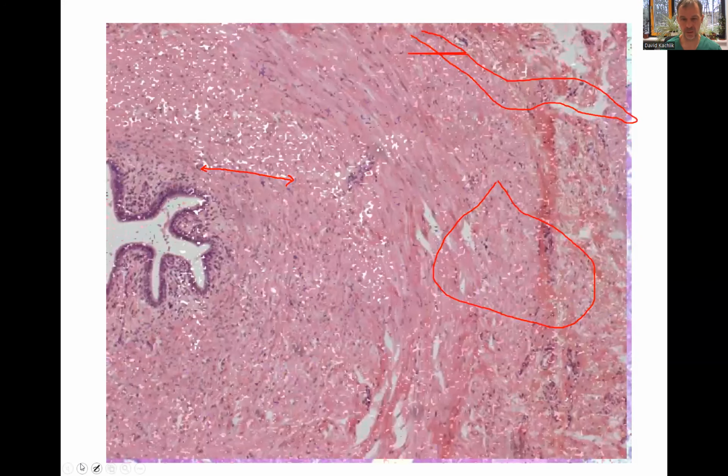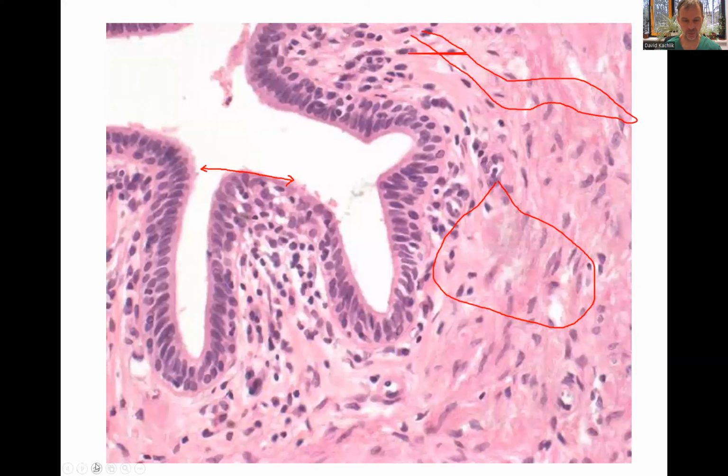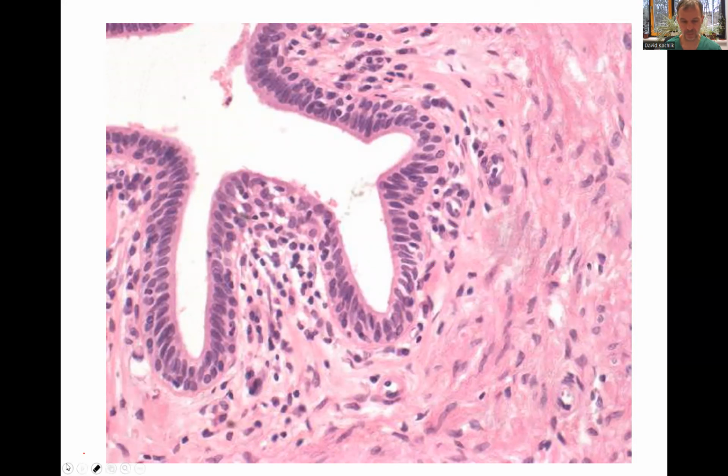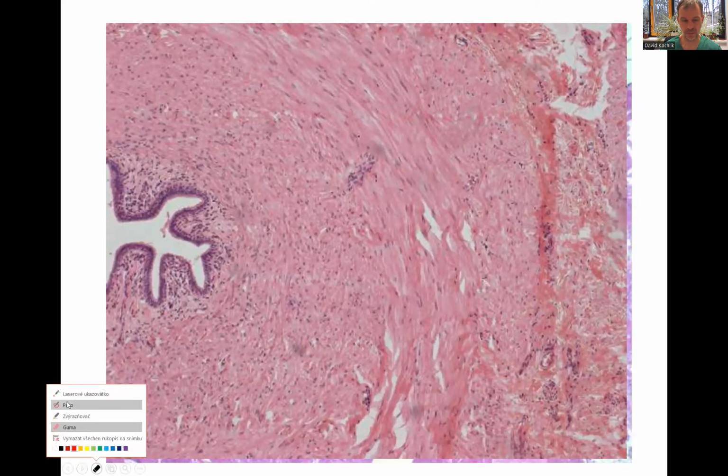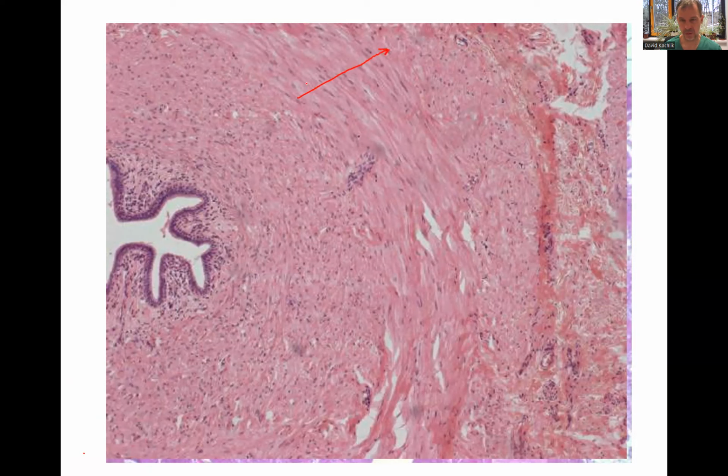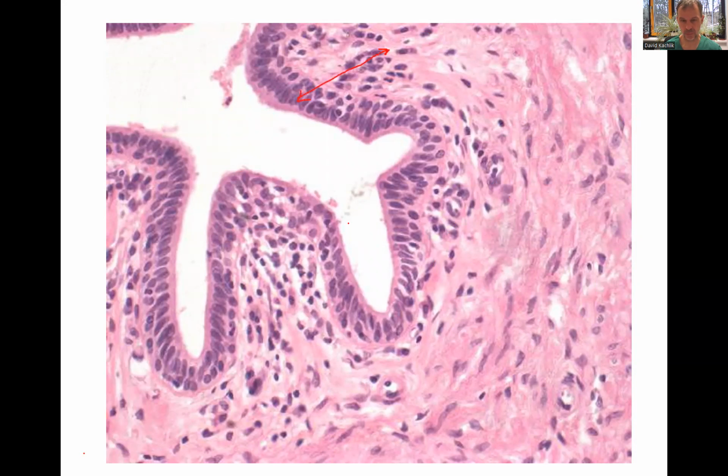And again, the details, and we can come to the epithelium again in detail. And maybe here the 3 layers of the muscle. Yeah, nicely visible the middle circular layer. And when we come here, basal cells and columnar cells.